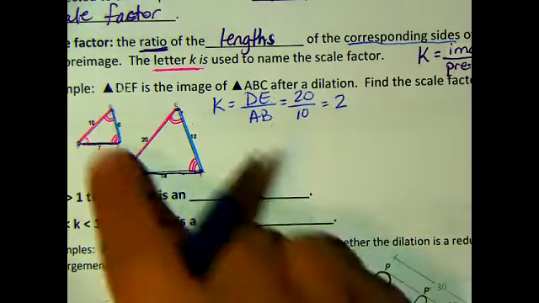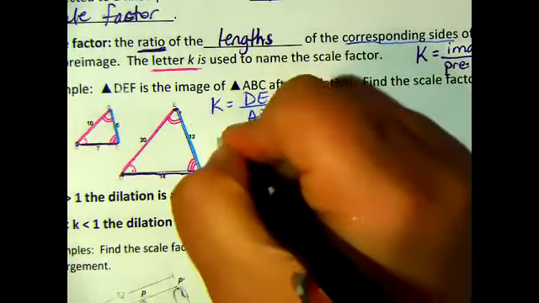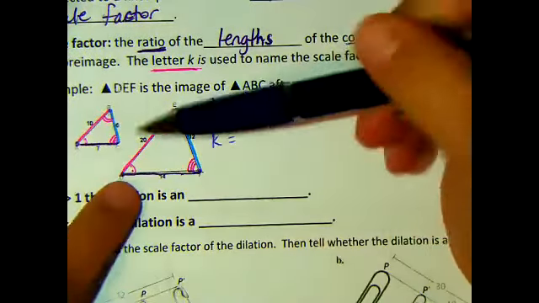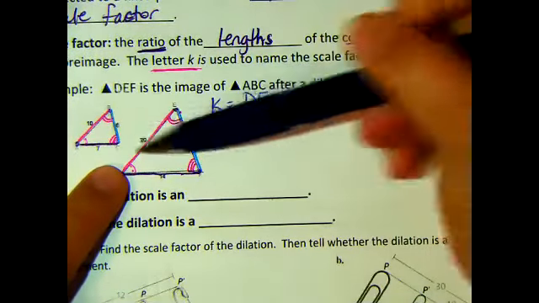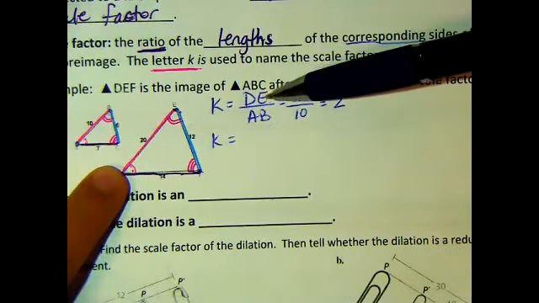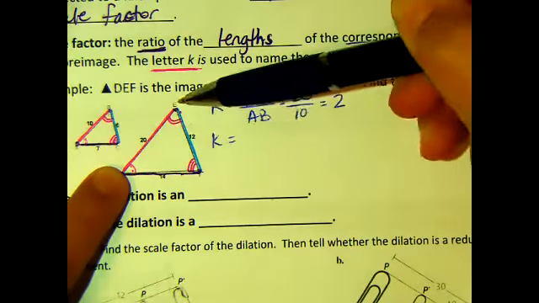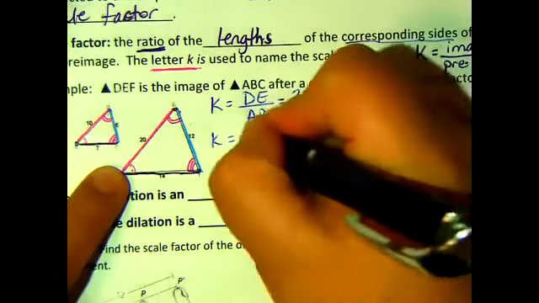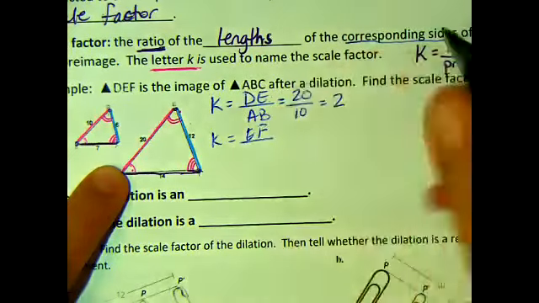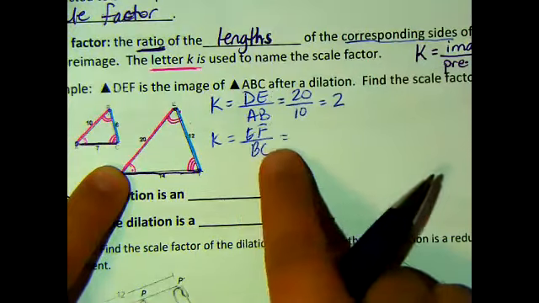Now, I could have used any of these other pairs of corresponding sides. So I could have also found K by using BC and EF. As long as I'm making sure the image is on top and the pre-image is on the bottom. So in this case, my image is EF and my pre-image is BC. And I can plug those in.